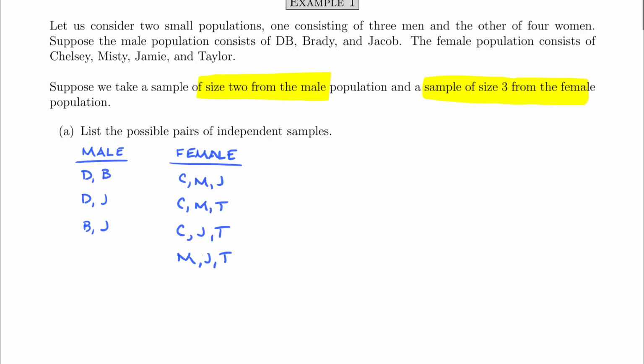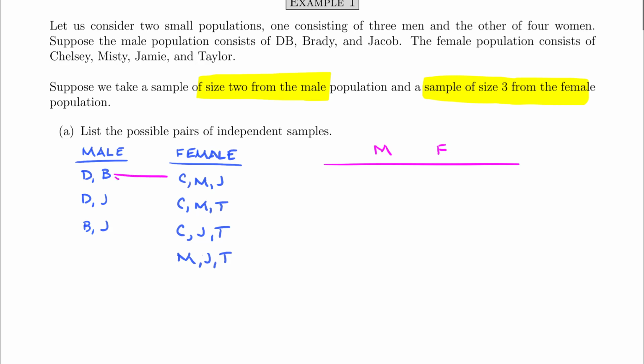Now, part A just says list the possible pairs of independent samples. So these are the independent samples per population. What we want to look at is the number of possible samples that we can generate for our particular study. It's really kind of simple.